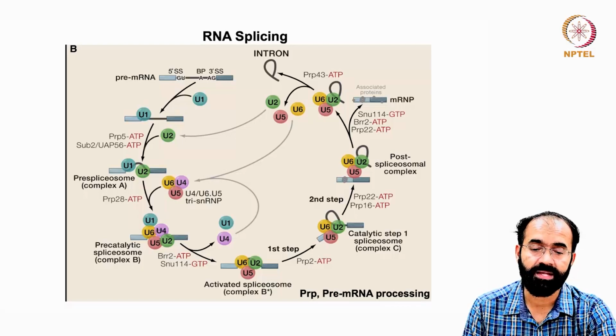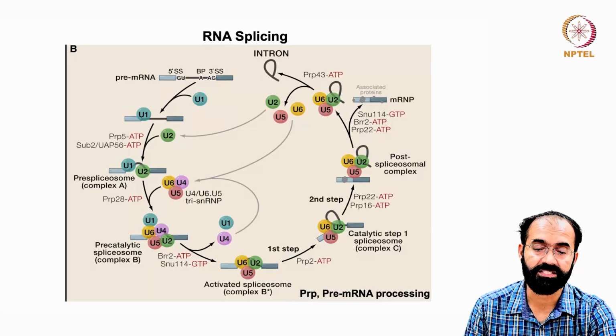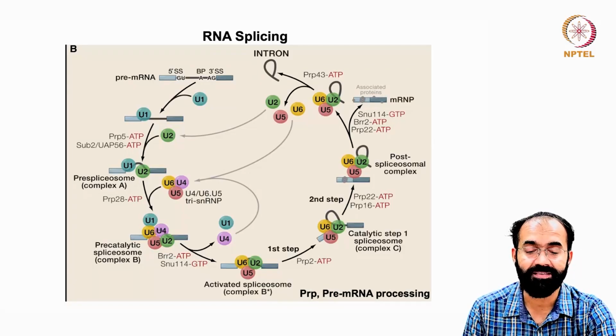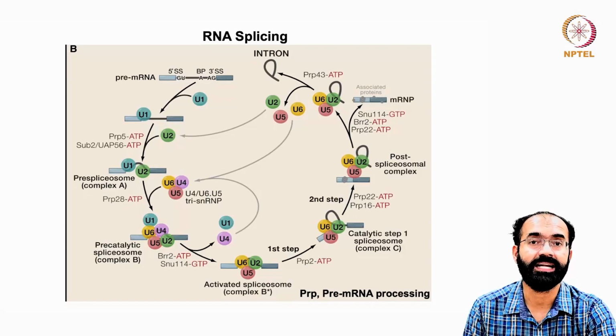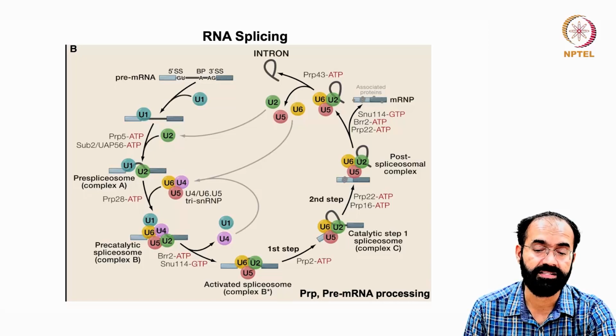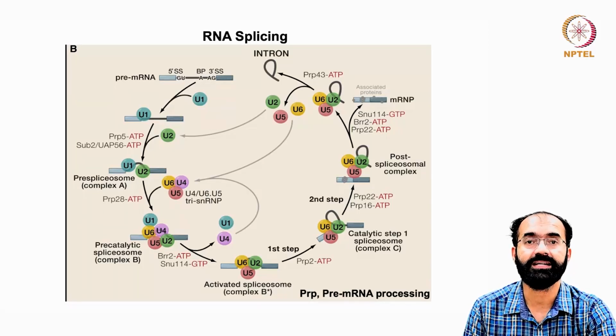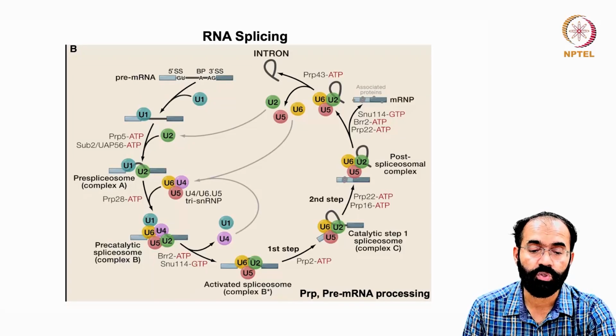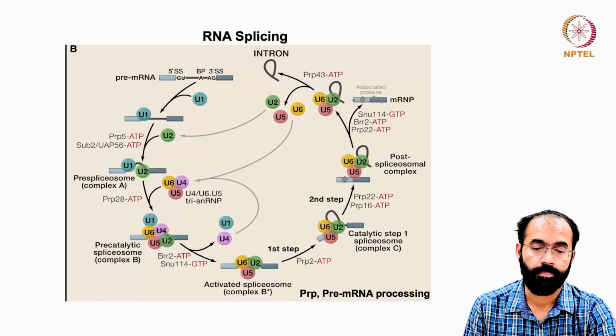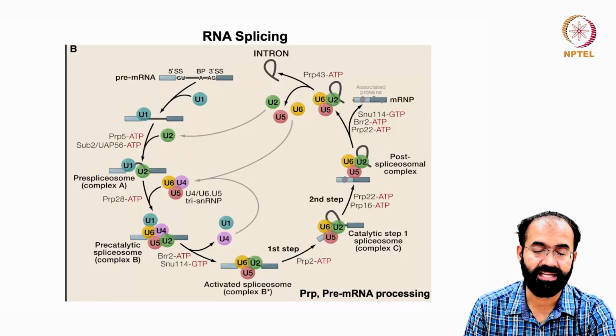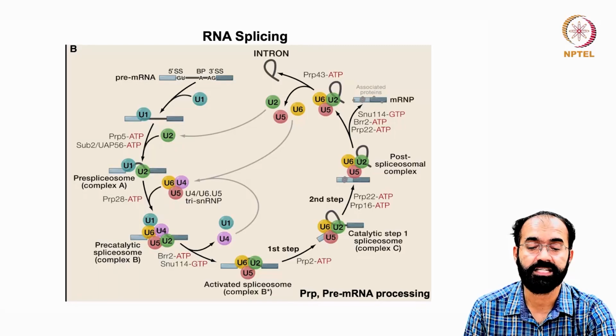And again there is utilization of ATP to disassemble this complex, so U6, U2 and U5 disassemble so that the intron lariat is released, and once the intron lariat is released, U2, U5 and U6 are ready to participate in one more round of reaction. So this is the actual splicing event that takes place in a sequential manner.